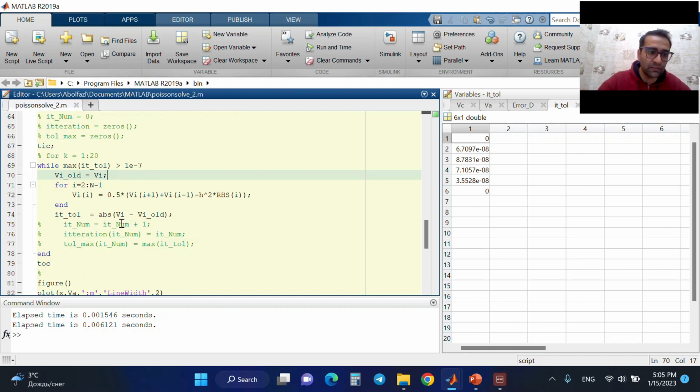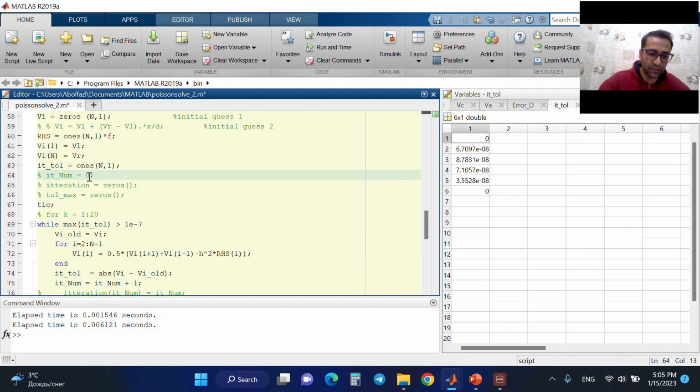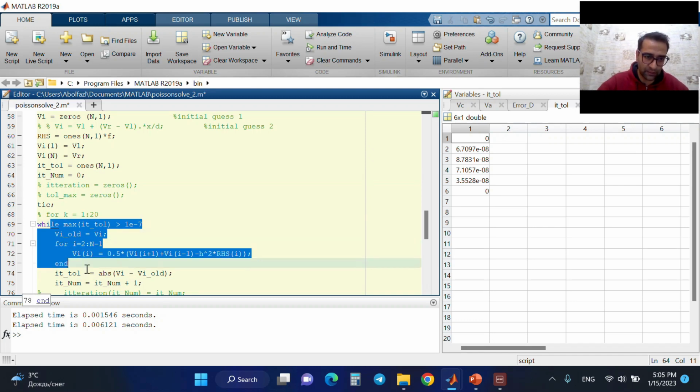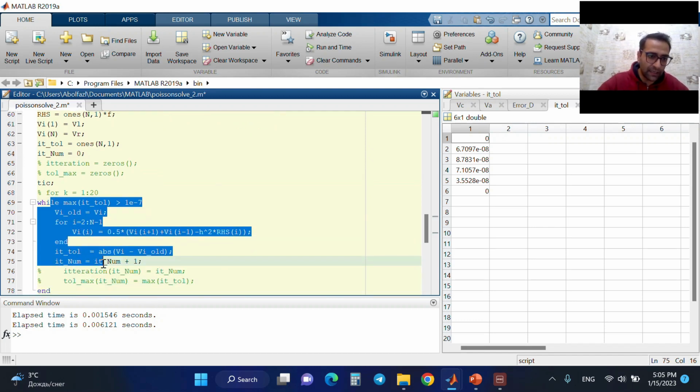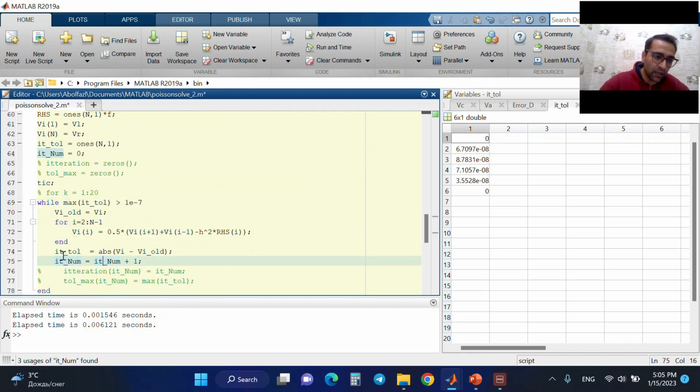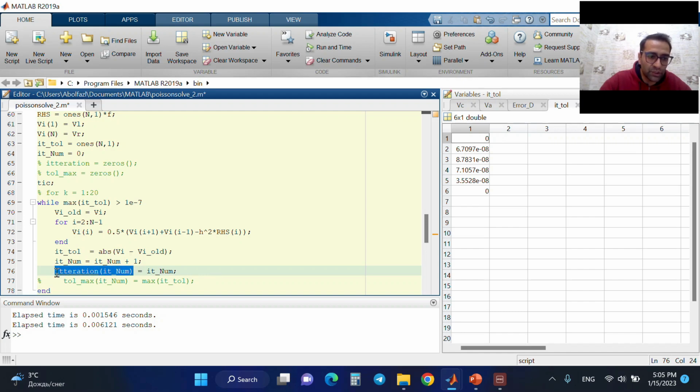Okay, let me define some iteration number here. I say that the iteration number is 0 just before the start of this while loop. And at each iteration, I add 1 to this number. Therefore, it just counts the iteration number. And I save this iteration number to some matrix, iteration, right?